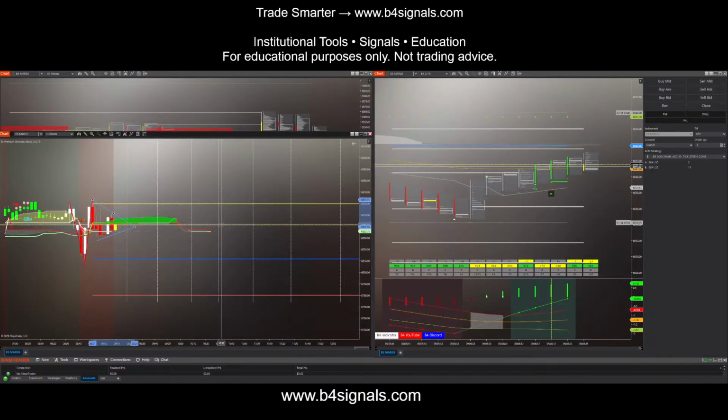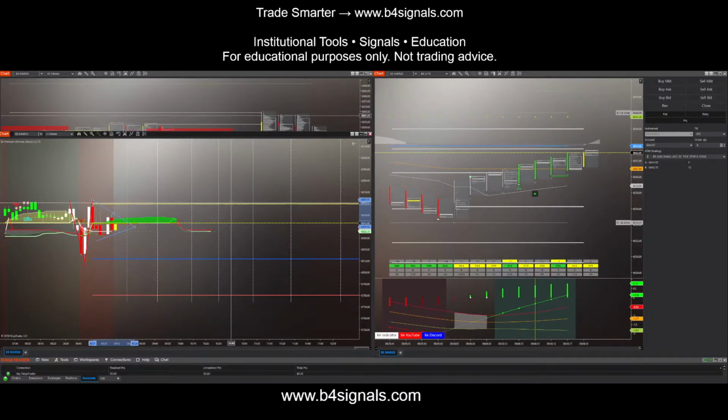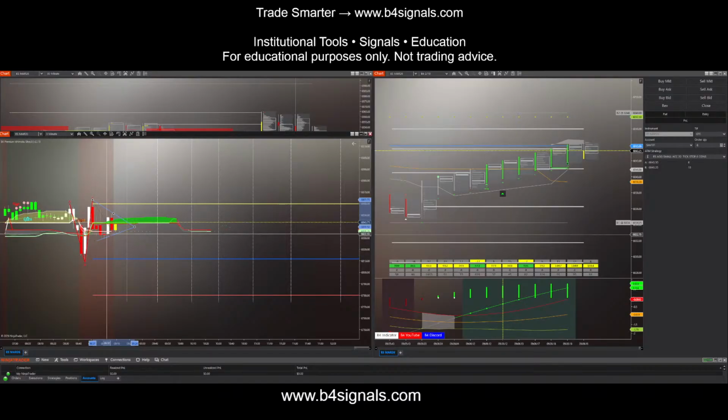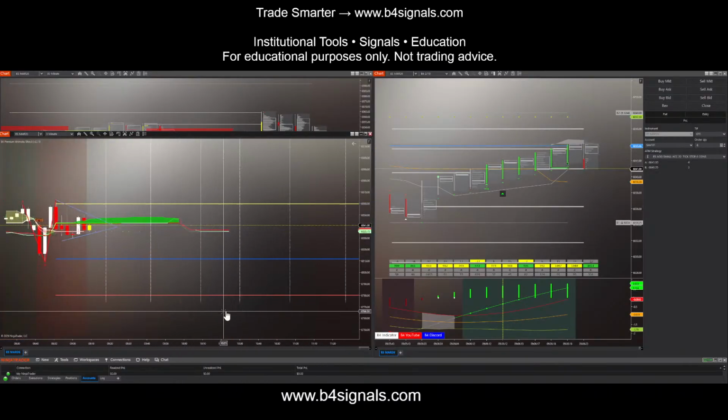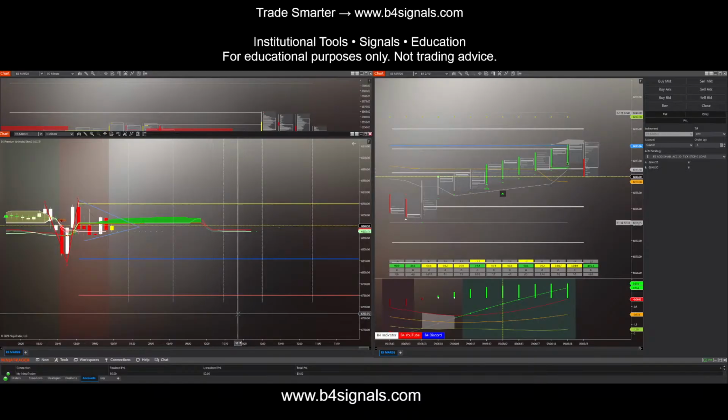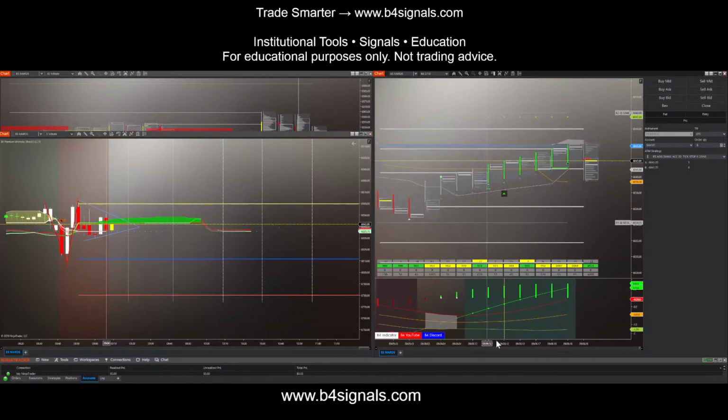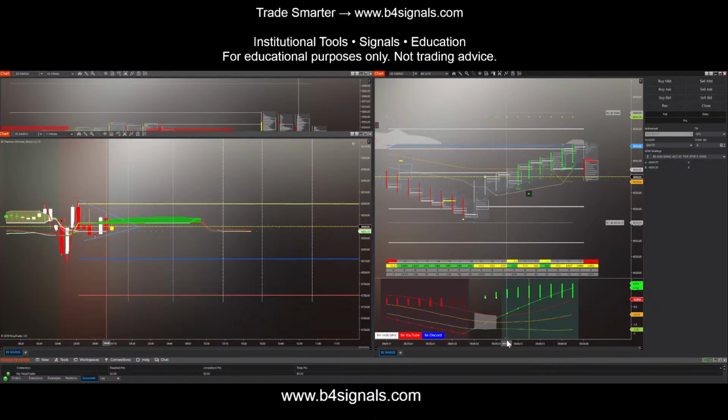Wedging in there, setting up for a break here. That looks right. That's what it's doing. That's the microstructure.